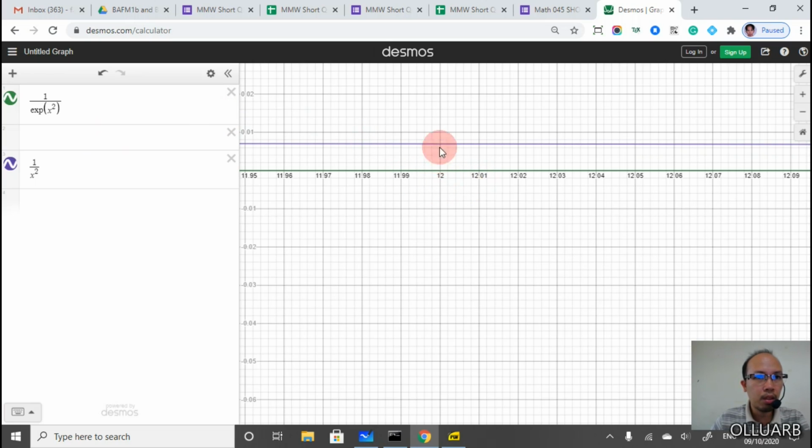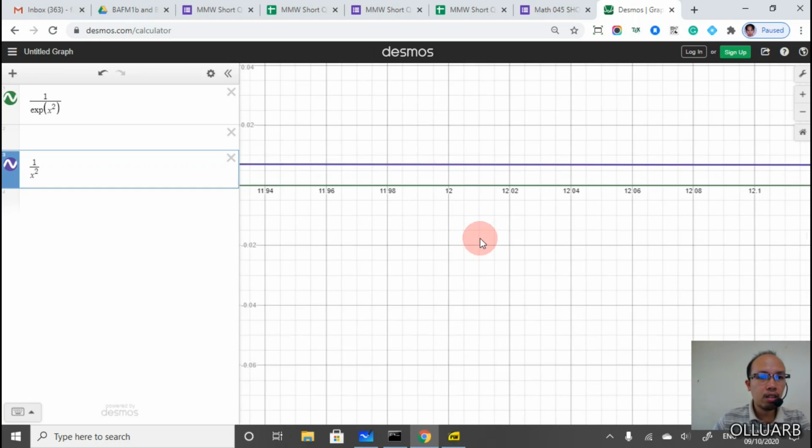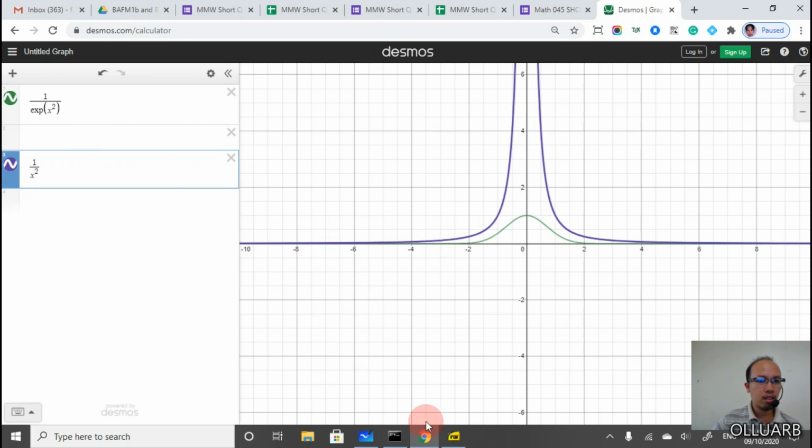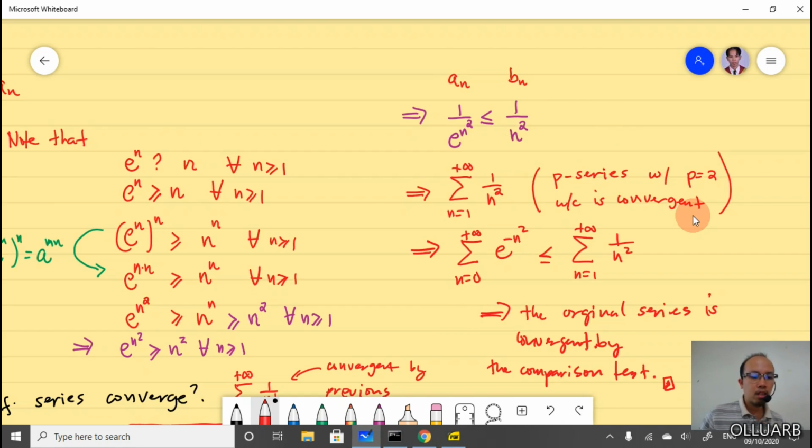This is the green one, and the green one is the original series, while the blue one is the series that you are going to compare. So as you can see here, the series is convergent. So that's problem number 4.